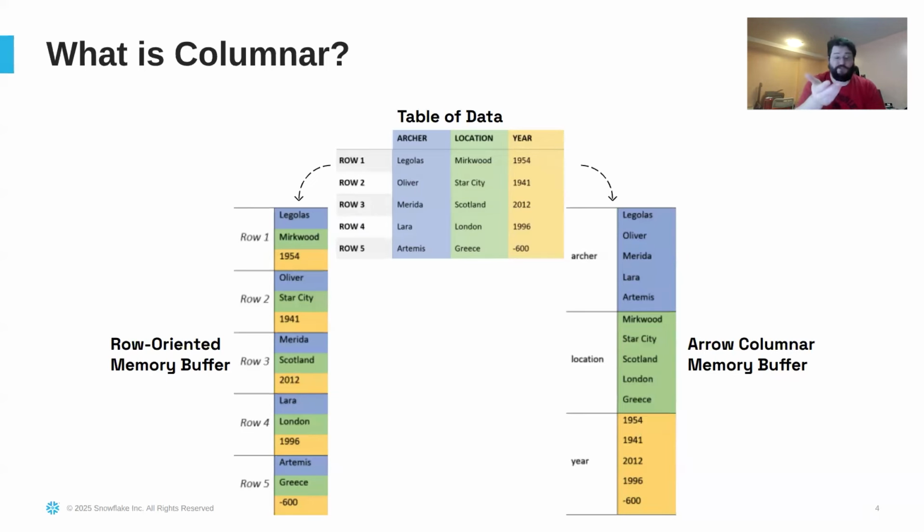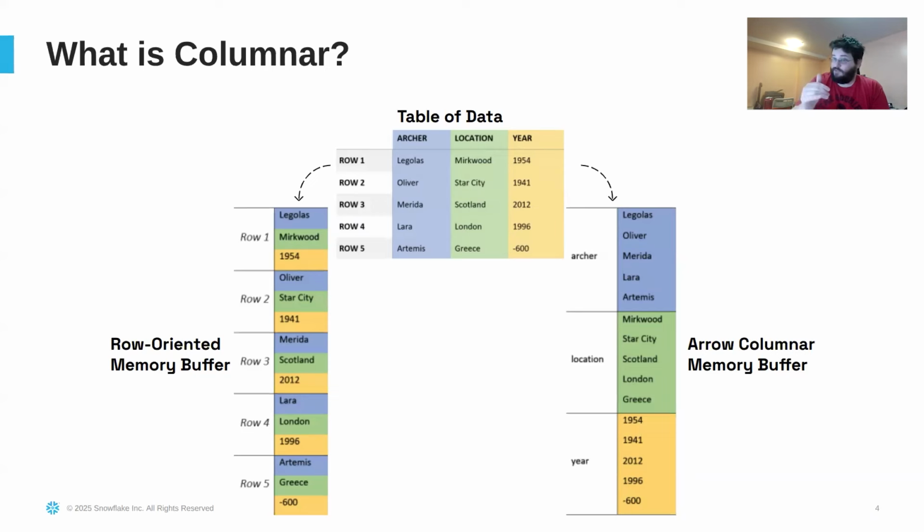Now, the reason why you want to do this is to improve I/O. If you want to, say, filter a table based on, in this case, maybe you want to only look at the rows where the year is in the 1900s, and the data is stored in a row-oriented memory buffer, you have to read every row and every column to find the values, because you have to jump around through memory to get to the years and check them.